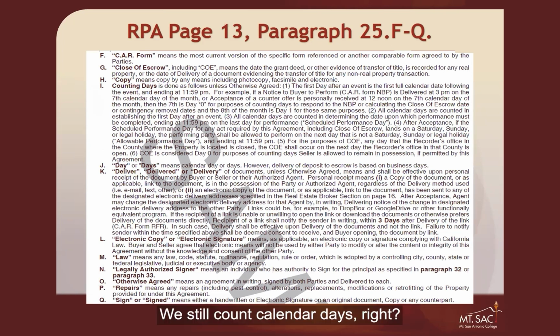We still count calendar days, right? So if today is Thursday, Friday, Saturday, Sunday, Monday, Tuesday, okay, we count through the weekend. It's just if the last day, the 7th day, the 17th day is a Saturday, Sunday, or holiday, then we roll over to the next business day, okay? So that's how we count our days.